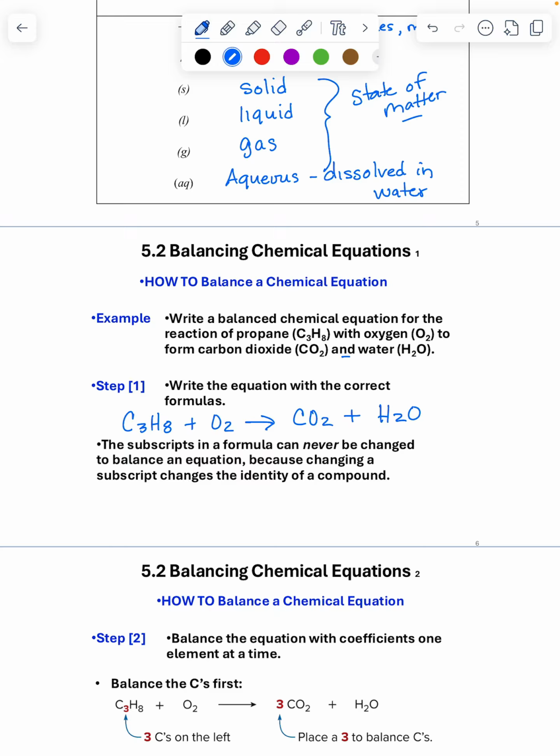an equation, because changing the subscript changes the identity of the compound. So oftentimes I think about these formulas that I write. Once the charges are balanced, I kind of put them in a box, either literally or just in my head, because you cannot change anything inside the box.